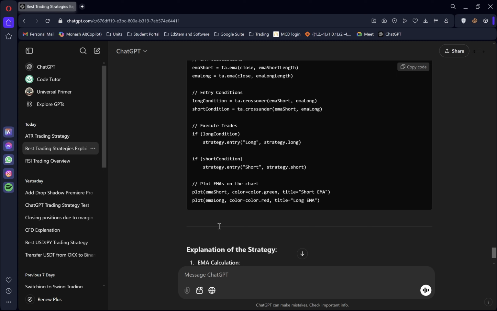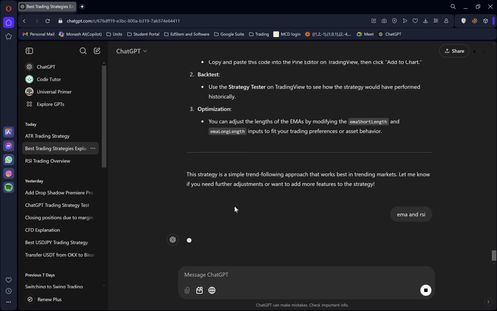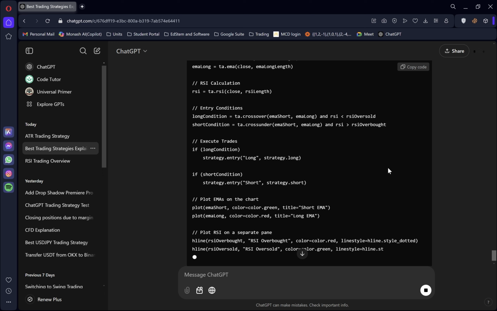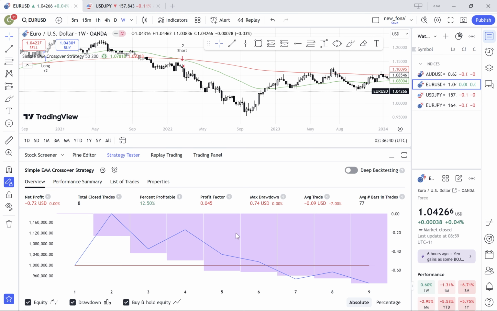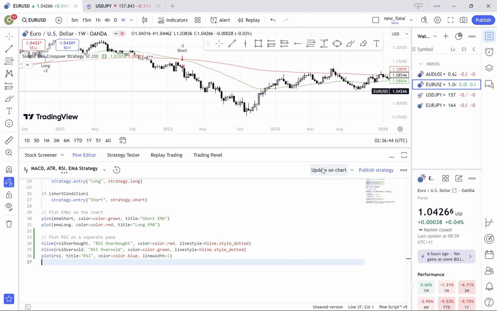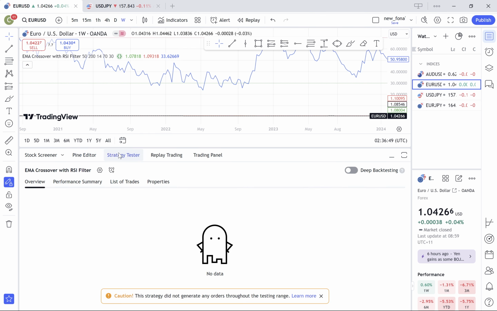Well, going about the EMA and RSI, let's see how it does. Let's go into Pine Editor, paste it, hit update on chart, see if it actually does give any results.